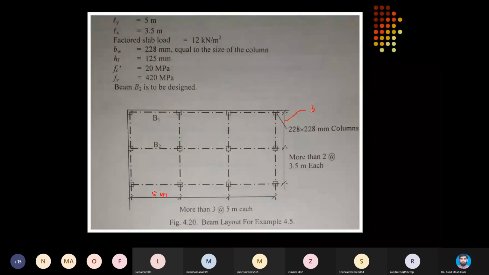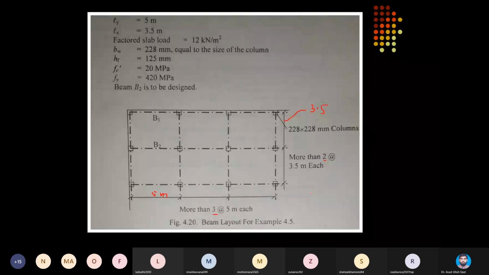along y-axis. So it is mentioned in the statement that there are more than 3 spans at a rate of 5 meter center to center along x-axis, and there are more than 2 spans. You may say 3 or more, but it is mentioned that this slab system has more than 2 spans in x and y direction, because for 2 spans coefficients are different, and for more than 2 spans we need to select the ACI coefficients.